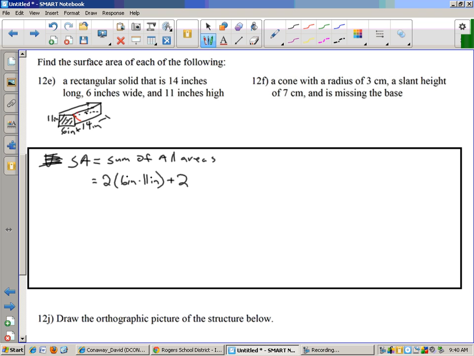If I look at this side, this is an 11 tall by 14 inches. So there's going to be two 11-inch by 14-inch. And then there's going to be two that are going to be 6 inches wide by 14 inches.